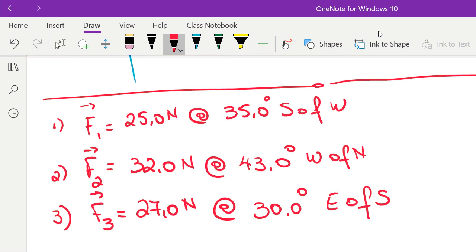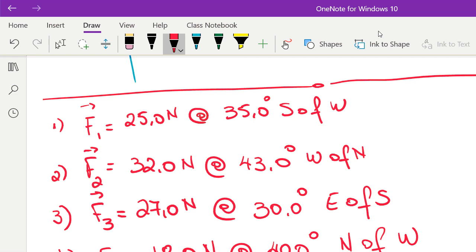Next example is F4 equals 18 newtons at 40 degrees north of west.